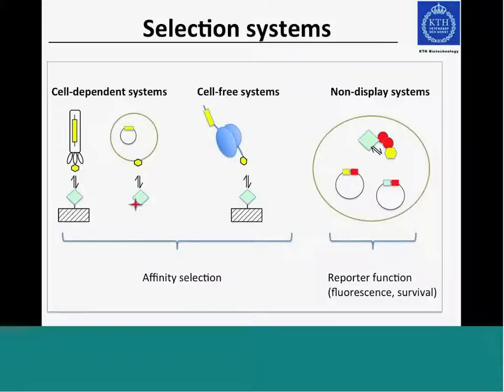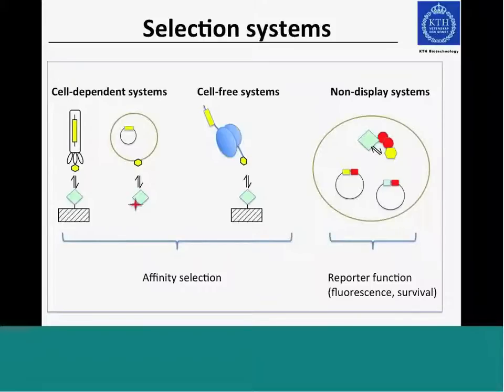And talking about the selection systems, if you remember the fishing rod in the previous slide, there are many different ways of selecting your candidate binder from a library. For example, you can use systems that depend on cells, which is our focus. So here represented by phage display to the far left, or cell surface display.